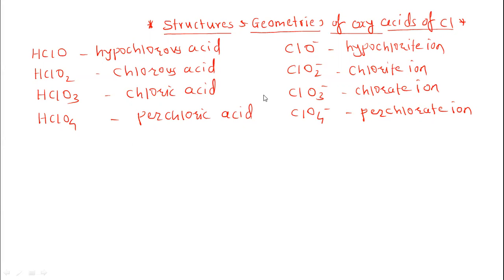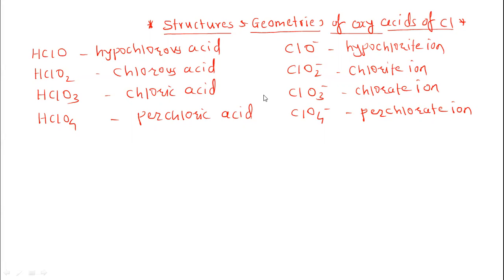Chlorous acid loses the proton, it gives chlorite ion. Similarly, chlorate ion and perchlorate ion. So we want to discuss the structures of these oxoanions: hypochlorite ion, chlorite ion, chlorate ion, and perchlorate ion.